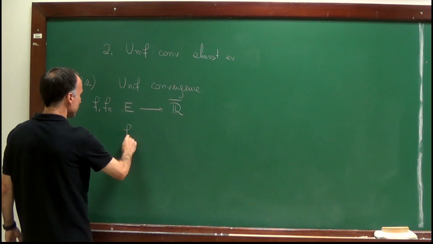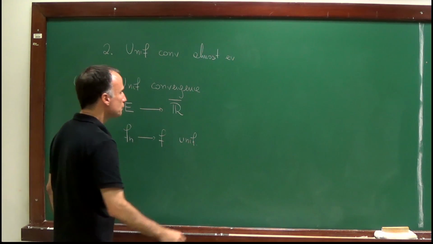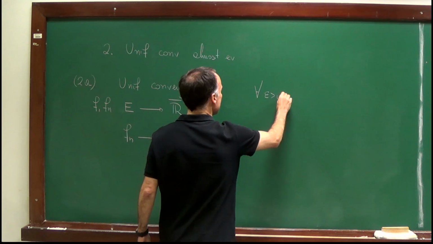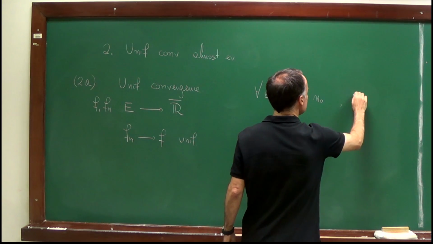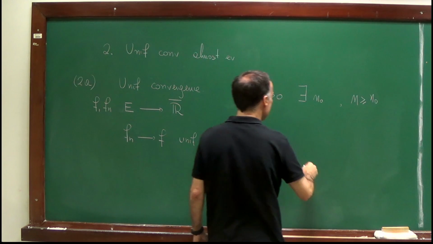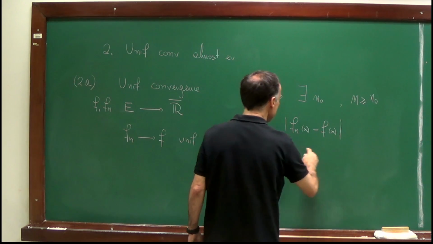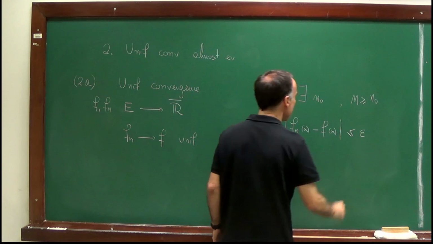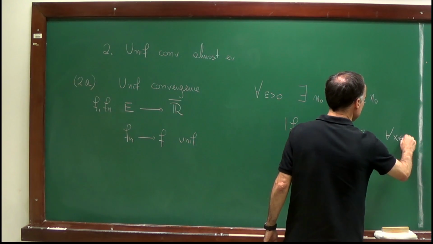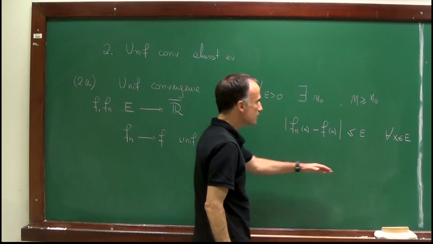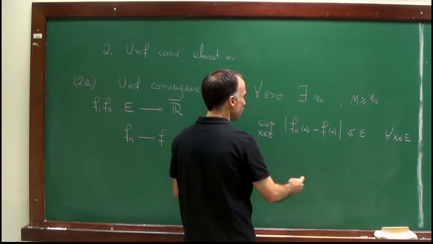So we'll say that f_n converges to f uniformly if for any epsilon positive we can find an integer n_0 such that if n is larger than n_0, then |f_n(x) minus f(x)| is bounded by epsilon, and this for all x in E. Another way of saying that this holds for all x in E is that the supremum for x in E of this difference is bounded by epsilon.